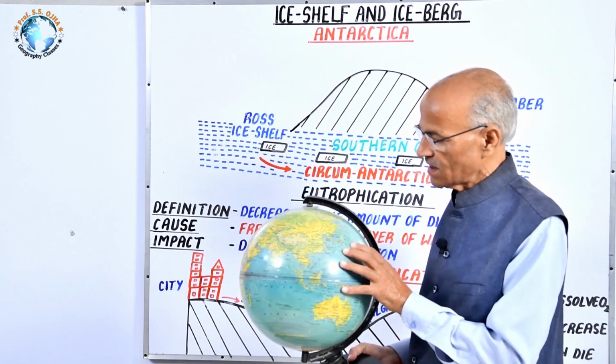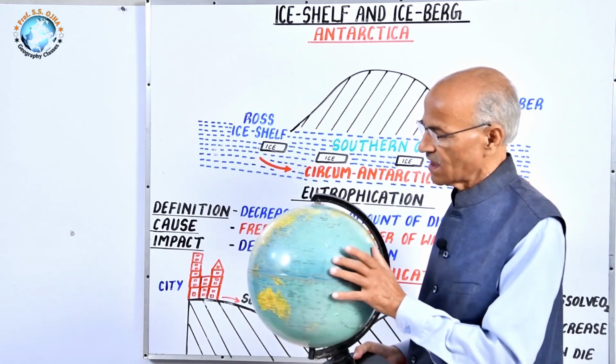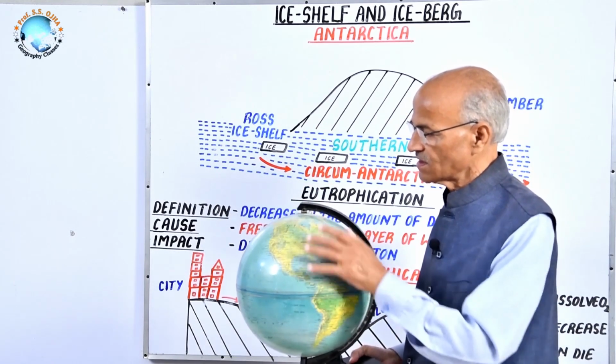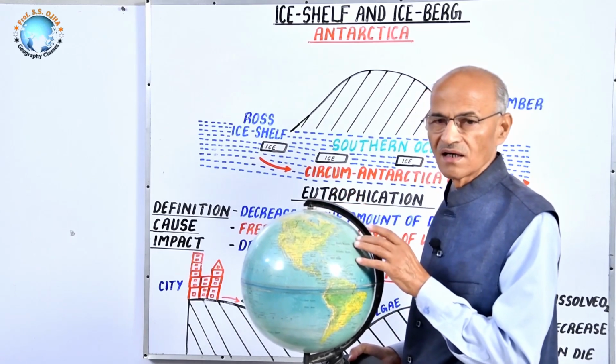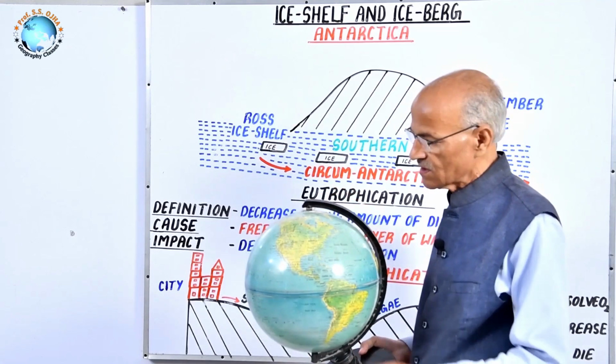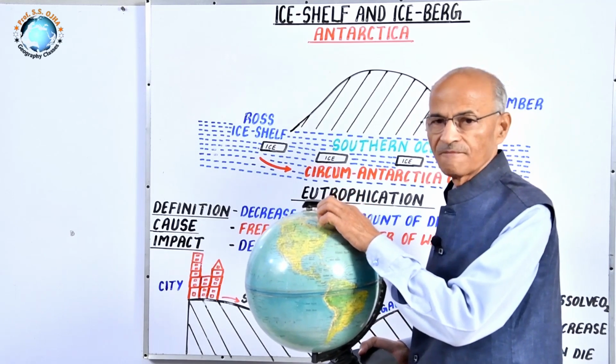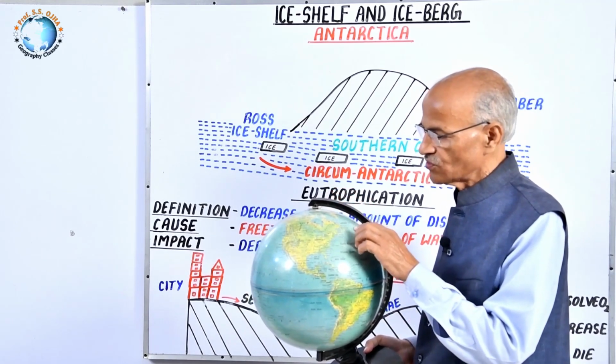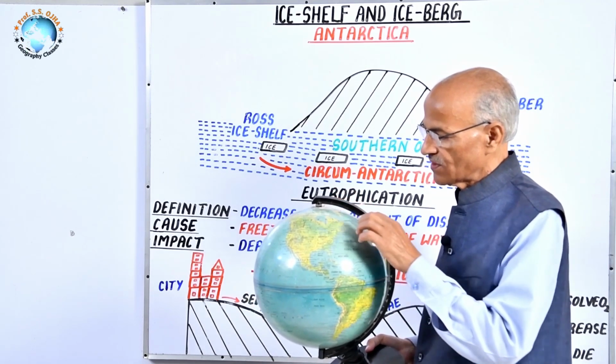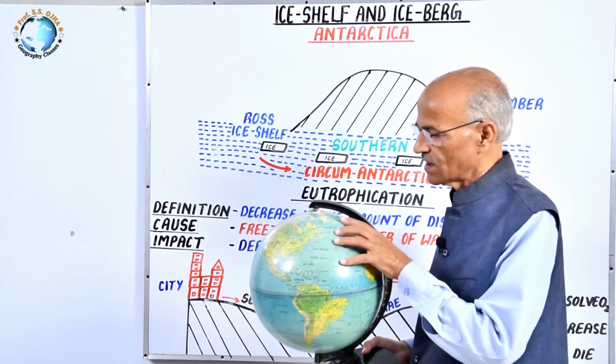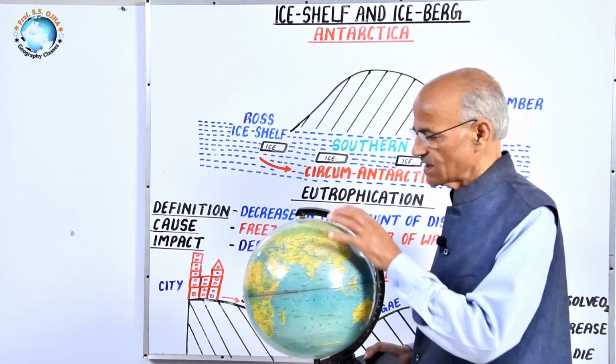Contrary to it, in the North Hemisphere there are ice shelves on the continents and icebergs which start radiating from the polar region to the low latitude through the Sea of Labrador, through the North Sea, through the Bering Strait.